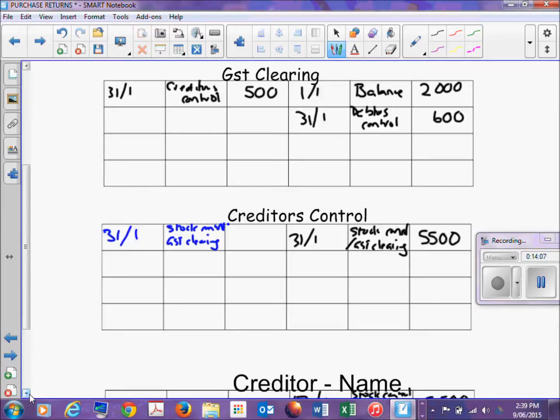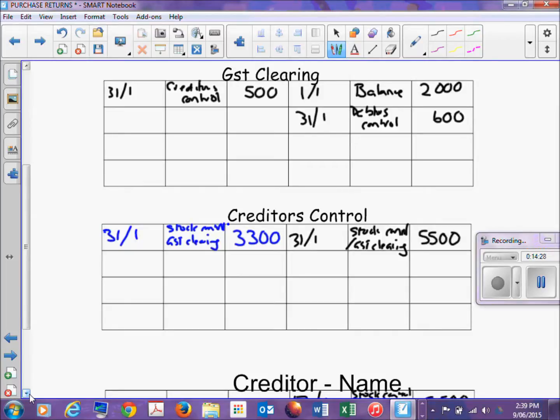So therefore, the amount claimed back will be 3,300. Alright, so that's the purchase return entry. Creditors control, debit entry, the stock and the GST clearing together. That's the first one, tick, from the general journal.